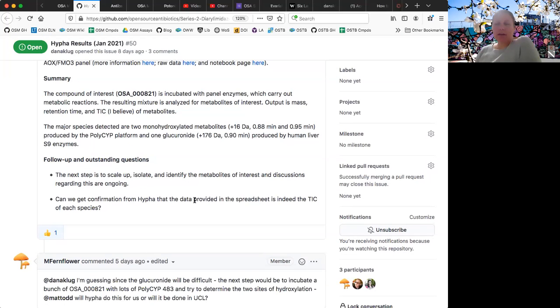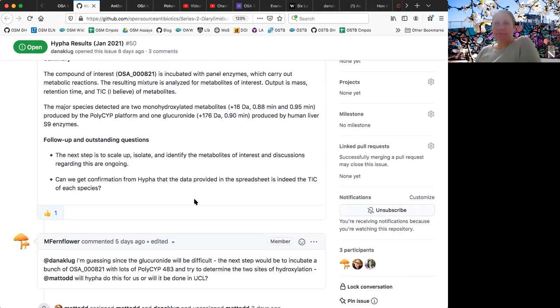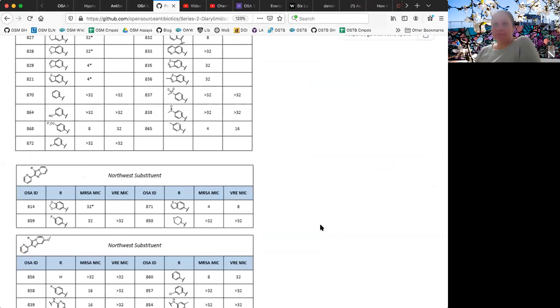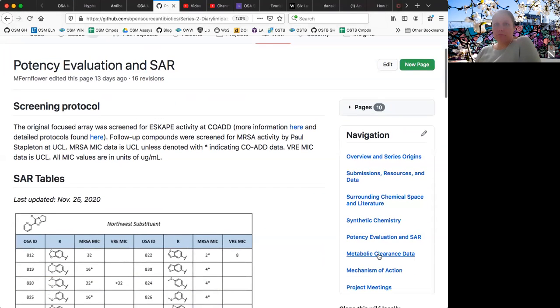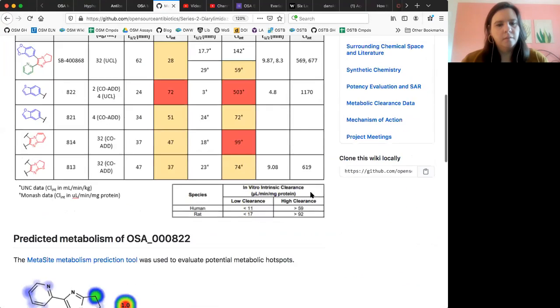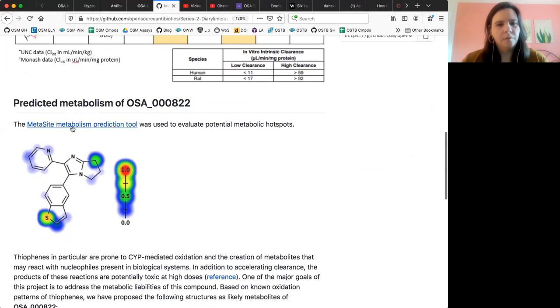Have you ever looked at your compounds in Metasite? I think we did, but I forget who did that. We've looked at them in a few prediction programs. I think Alvaro ran Metasite on his compounds, but then that I think is licensed. So then we were looking at, yeah.